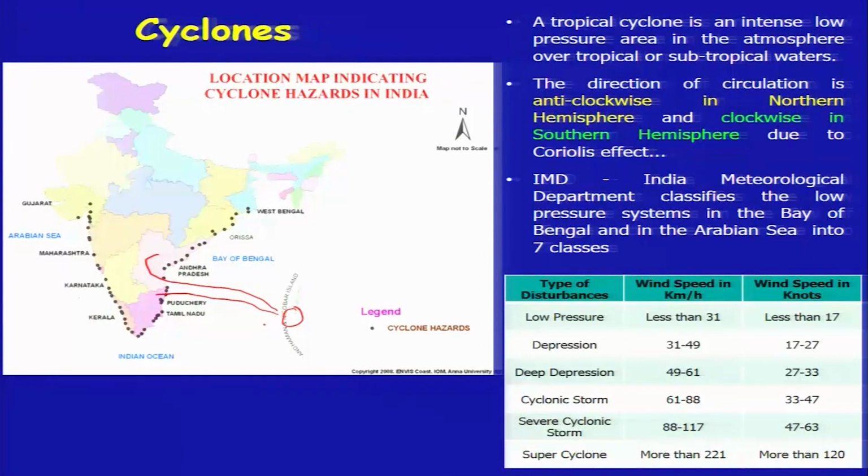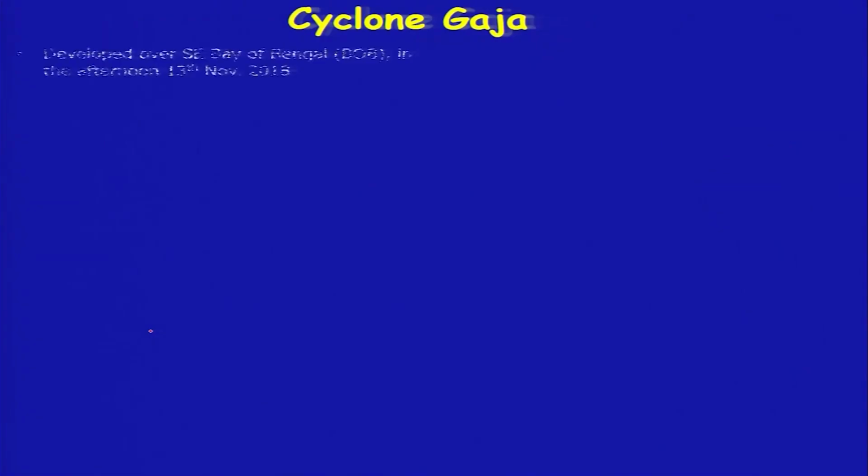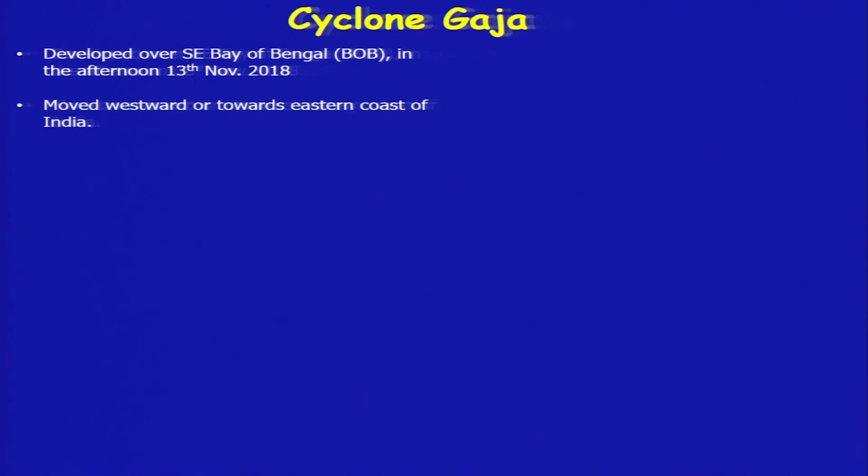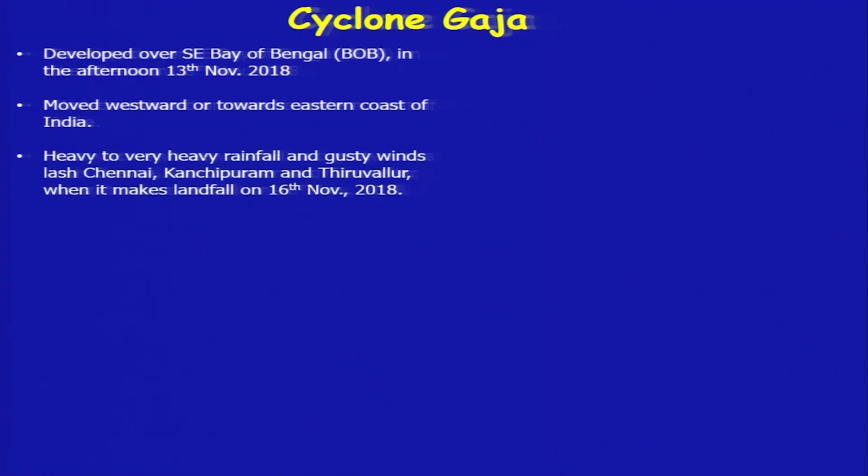So this Gaja again had originated here in the southeastern portion of the Indian subcontinent and moved towards the east coast of the Indian mainland. Cyclone Gaja developed over the southeast Bay of Bengal, or you can say the part of the Indian Ocean, in the afternoon of 13 November 2018, and moved westward towards the east coast of India.